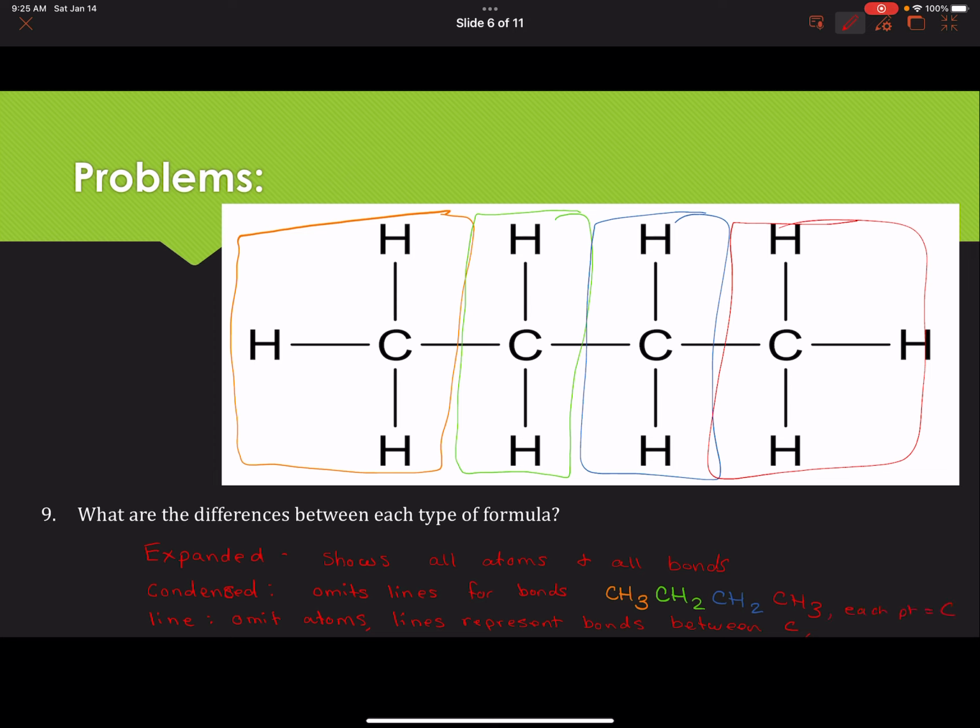We omit our hydrogens. If we have other atoms, such as an oxygen or nitrogen or sulfur, we're going to see those drawn and lines to them. But in our basic structure, we're going to omit those lines. So for this formula, we've got 1, 2, 3, 4 carbons. So its line formula is going to be a zigzag with 1, 2, 3, 4 points. So that's going to be my line formula.